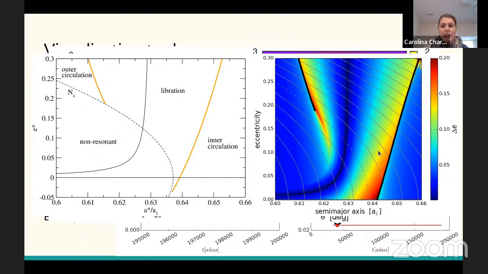So here we see that there is something happening here, which is the separatrix, and we see that with very small variation of the eccentricity, we get the pericentric branch. So we can estimate the main features of this resonant system.